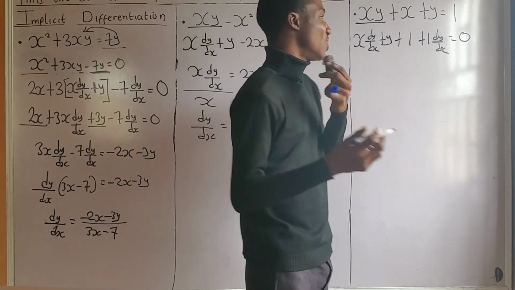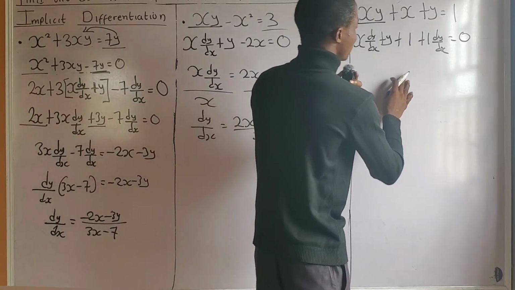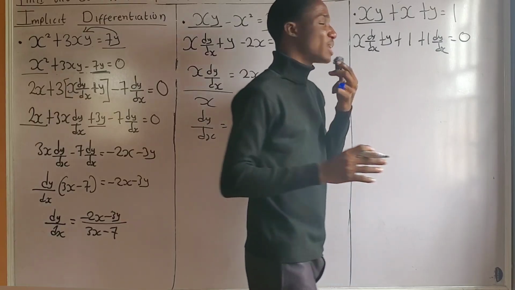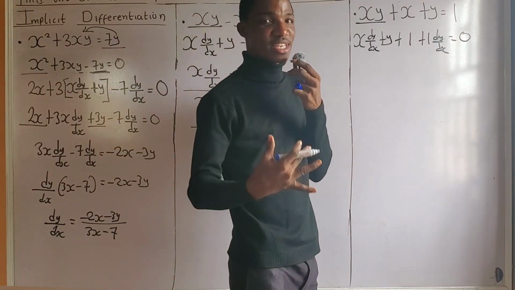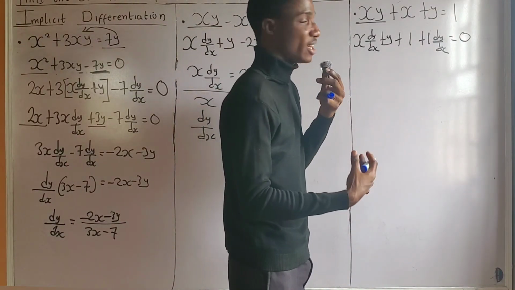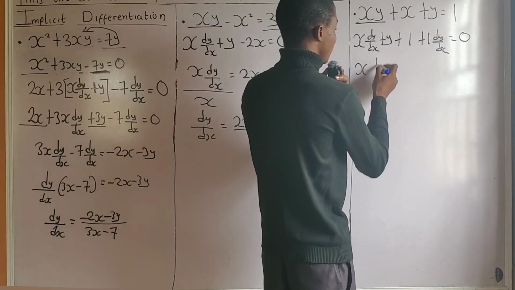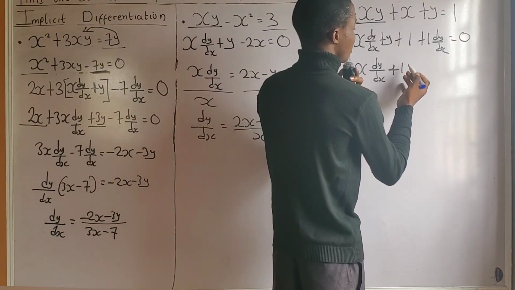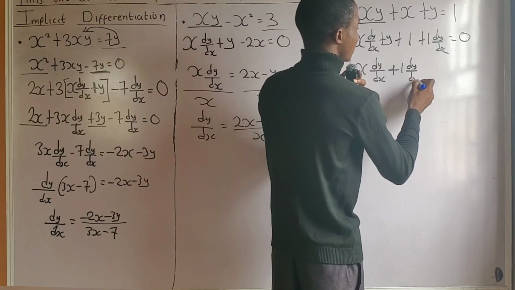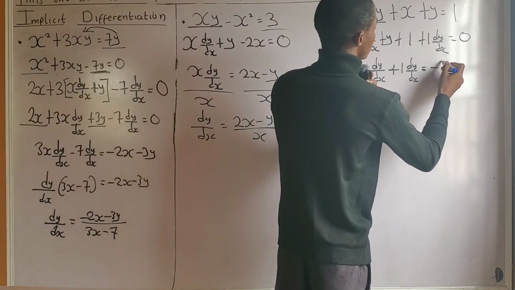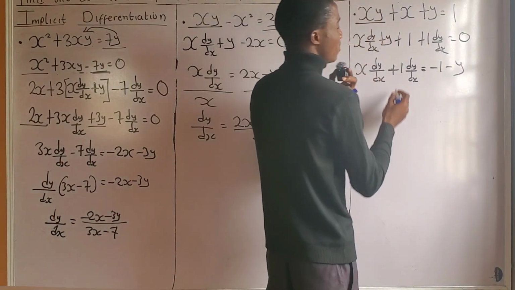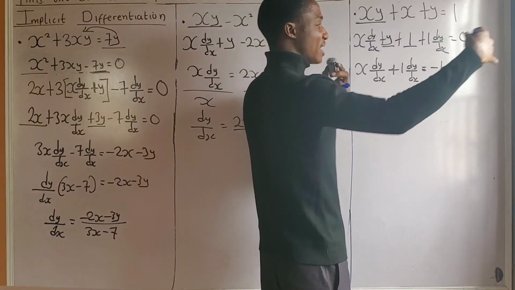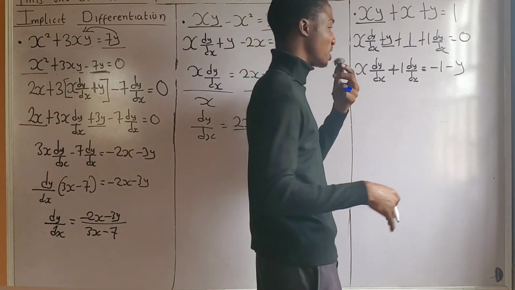Do you understand? Okay, so now having got to this point, the next step is that you have to separate the terms that are attached to dy dx. You bring them together. So I'm going to have x dy over dx plus 1 dy over dx equals minus 1 minus y, because I take this and this to the right hand side of the equation, and the sign changes to negative.